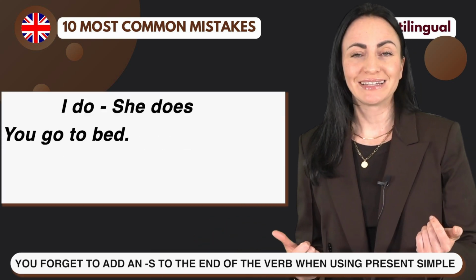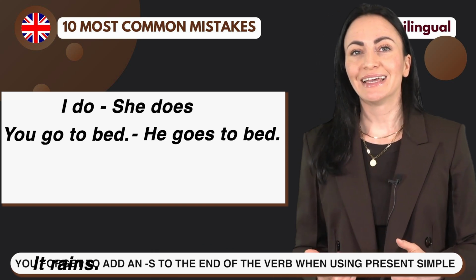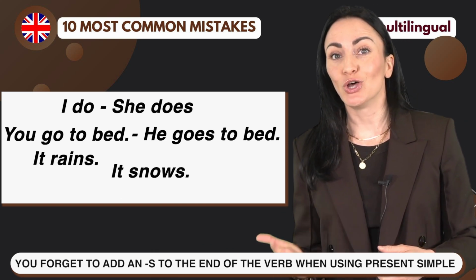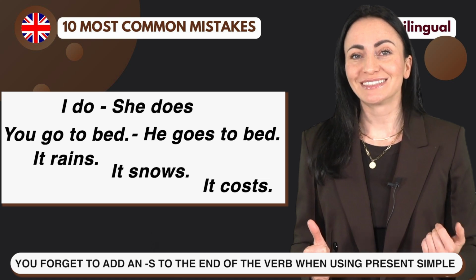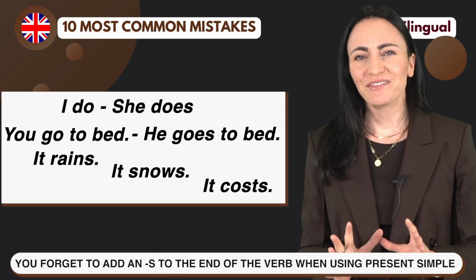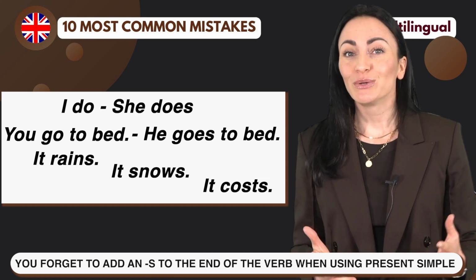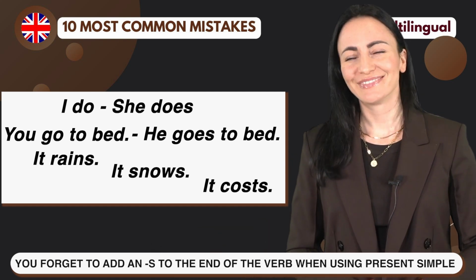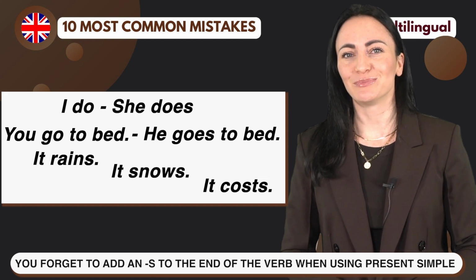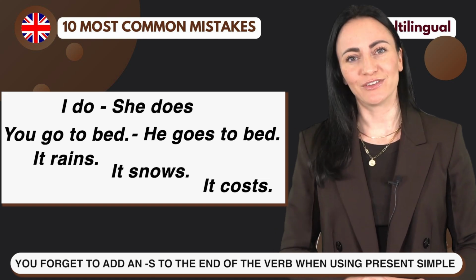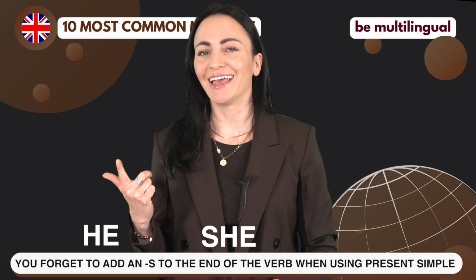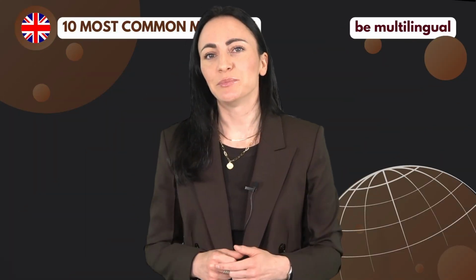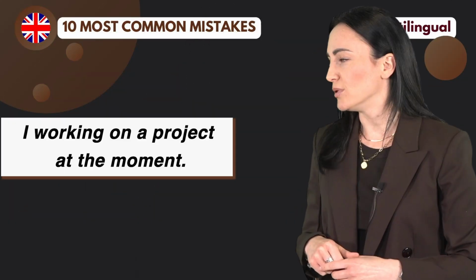You go to bed, but he goes to bed. It rains, it snows, it costs. In theory, everybody seems to know the rule, but when it comes to speaking, everybody seems to forget it. So make sure not to forget to put an S at the end of the verb with he, she, and it.